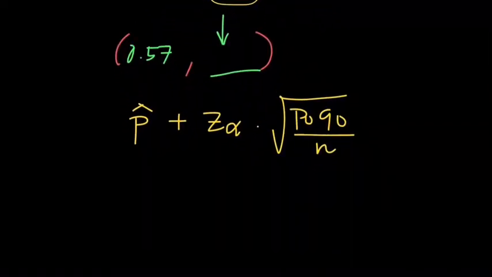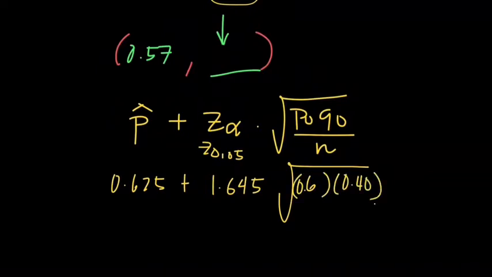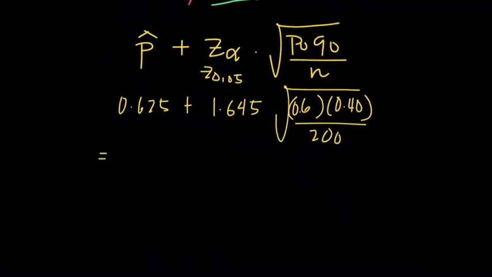So we have 0.625 plus z of 0.05, which is what we know as 1.645, times the square root of p sub 0, which is 0.6, times 0.4 divided by 200. And let's compute for the value.